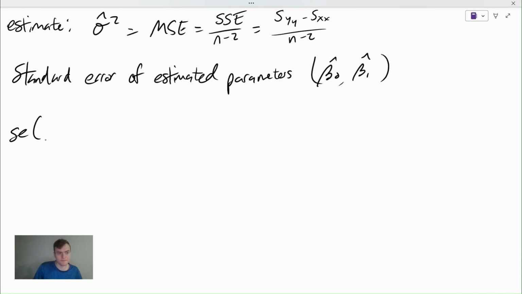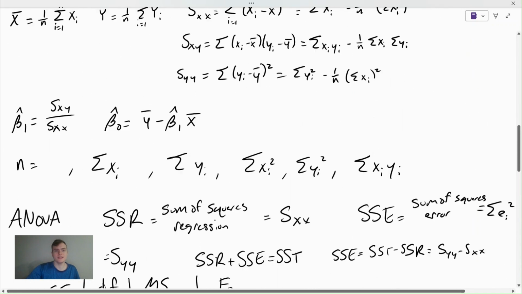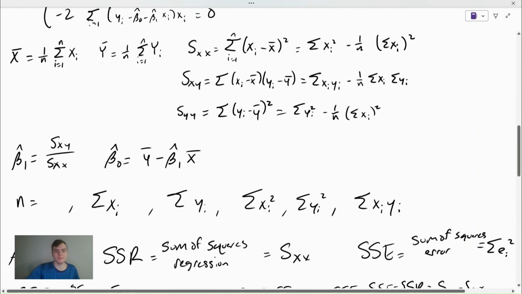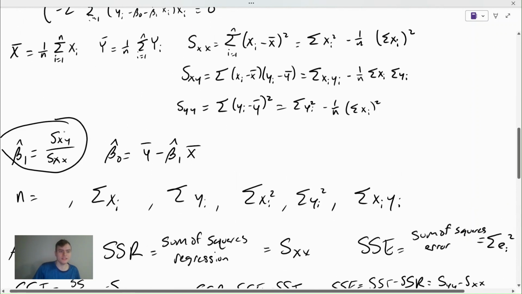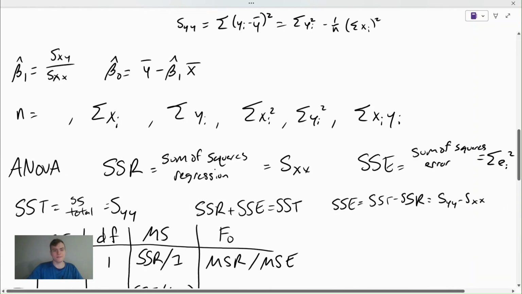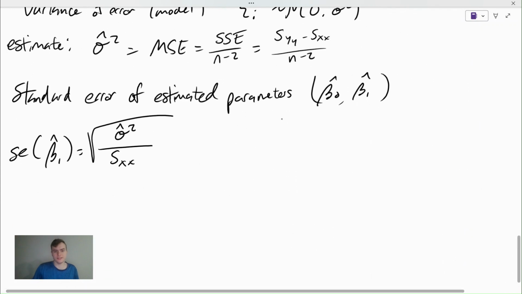So SE of beta 1 hat equals the square root of sigma hat squared divided by SXX. And you don't have to know why that's true, but look at the equation for beta 1 hat. That's pretty similar. This thing turns into sigma hat squared, and the denominator stays the same. So it's not too different.